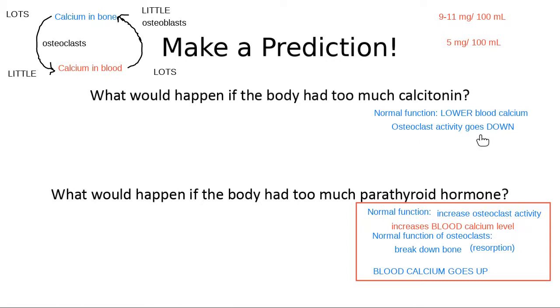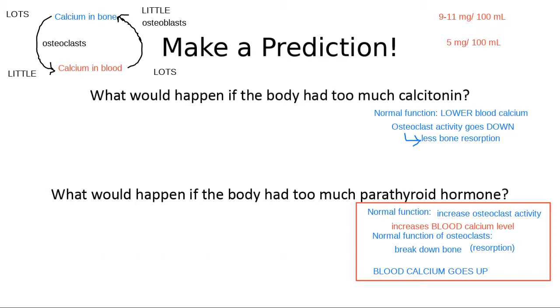So if my osteoclasts slow down, what ends up happening is less bone resorption. So first thing that happens, osteoclasts stop being activated. That's going to mean that the process of bone resorption slows down or completely stops.